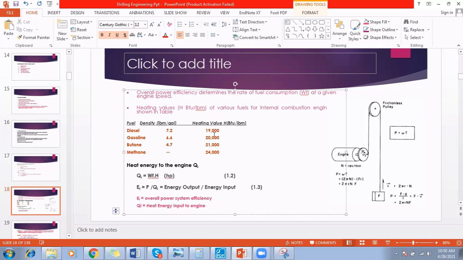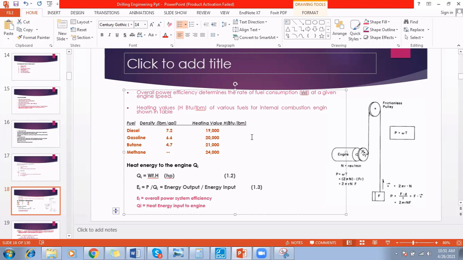If you want to explain the heat energy input to the engine, you take the product of fuel consumption and the heating value, and from that you will get the heat energy input to the engine.